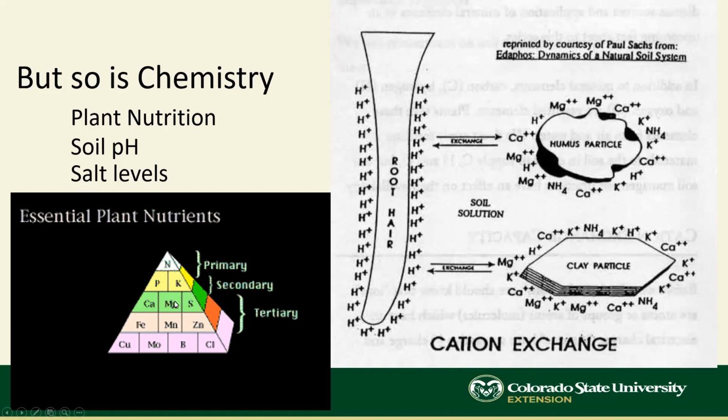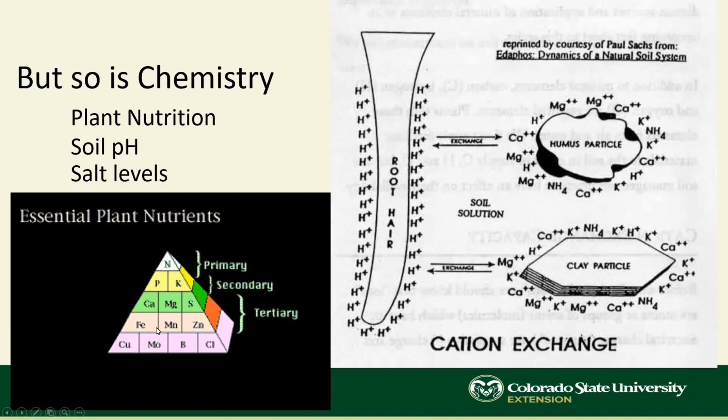The secondary nutrients are needed a little bit less. And then the tertiary minerals are those real micro minerals that the plant needs to live, but doesn't need a whole lot of. And you may not have a lot of these in the soil.